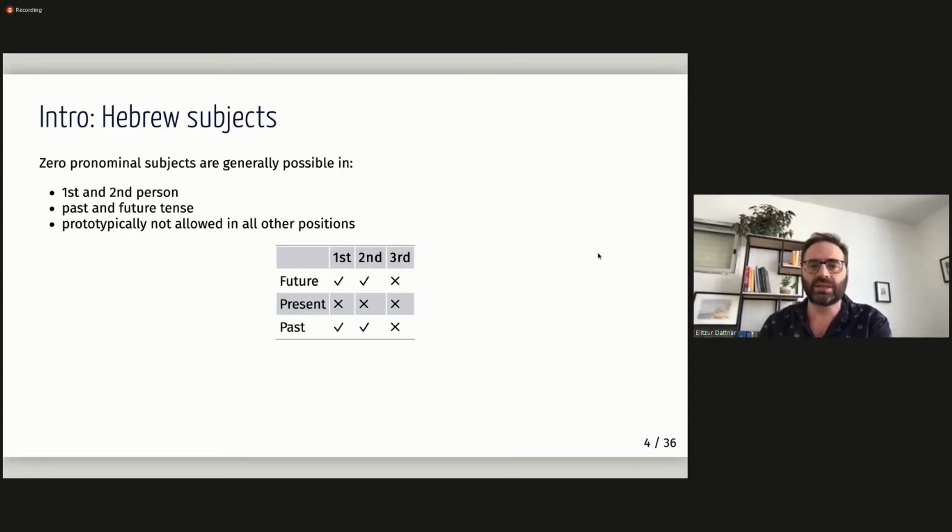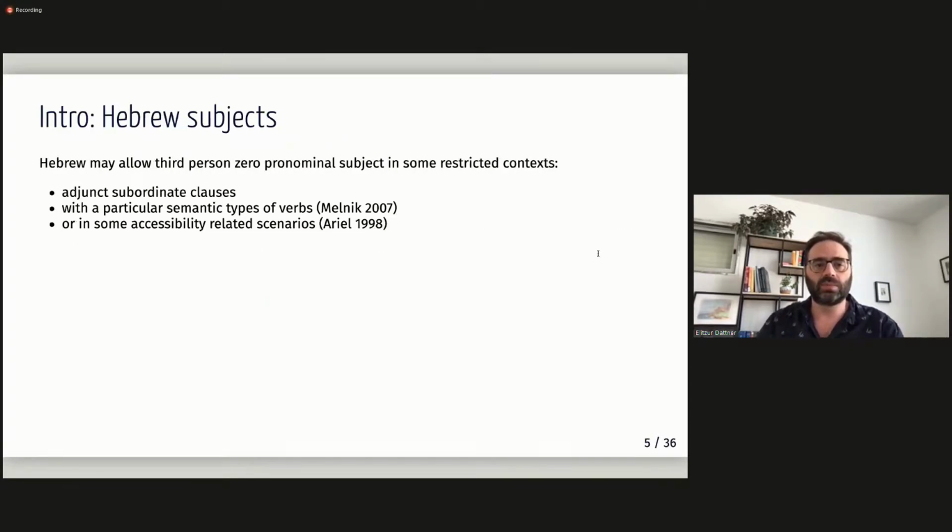Zero pronominal subjects are generally possible in first and second person, in past and future tense, and are typically not allowed in all other positions. Hebrew may allow third person zero pronominal subject in some restricted contexts, such as adjunct subordinate clauses or with particular semantic types of verbs, or in some accessibility related scenarios.